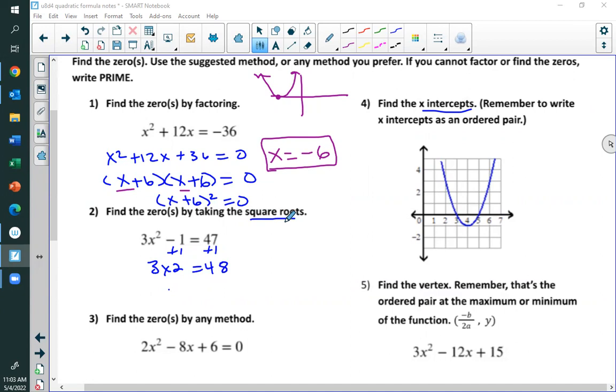It will always work. What you're going to find today when we start using it is it's a little tedious and involved. So usually if you can see a quick way to factor or a quick way to solve it by taking the square root, you're going to do it that way, but you can always use the quadratic formula.